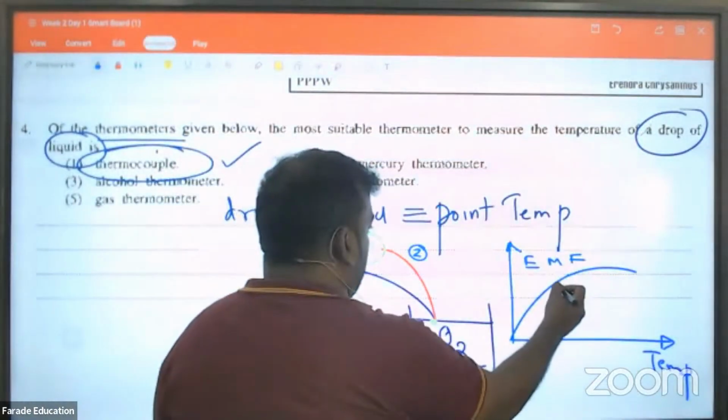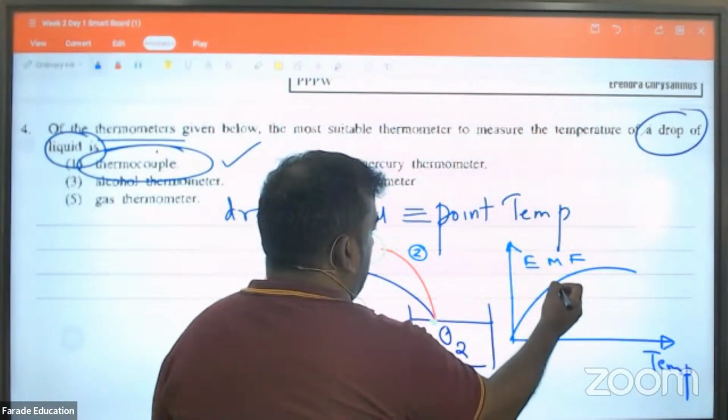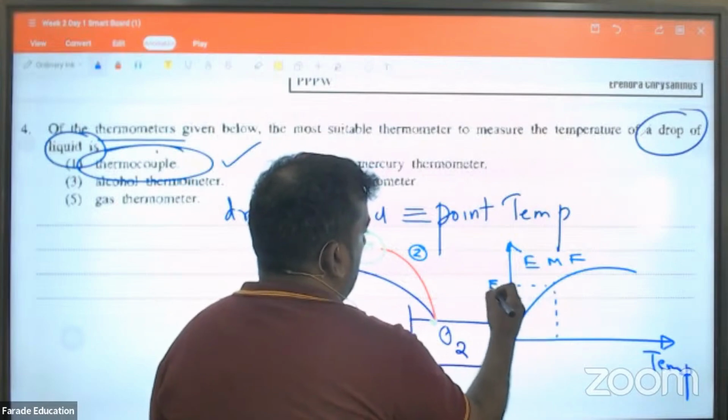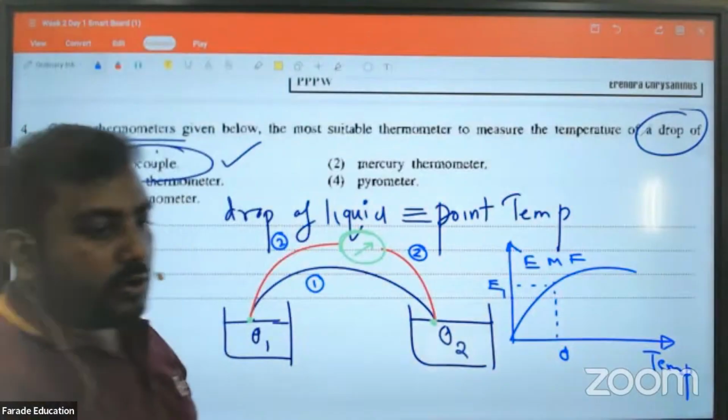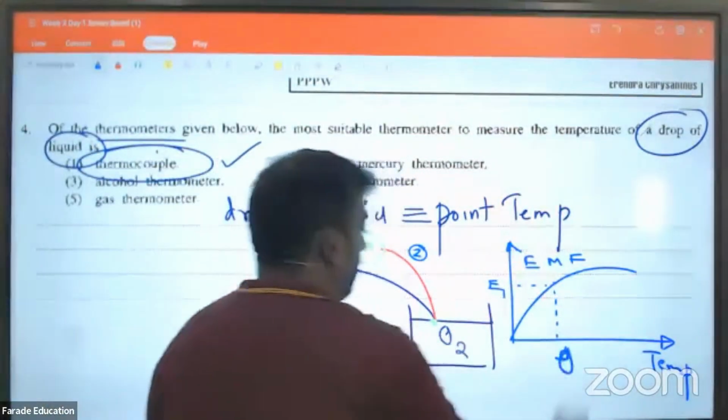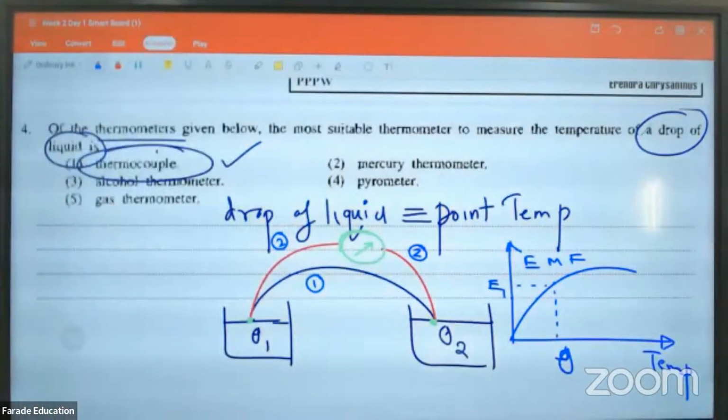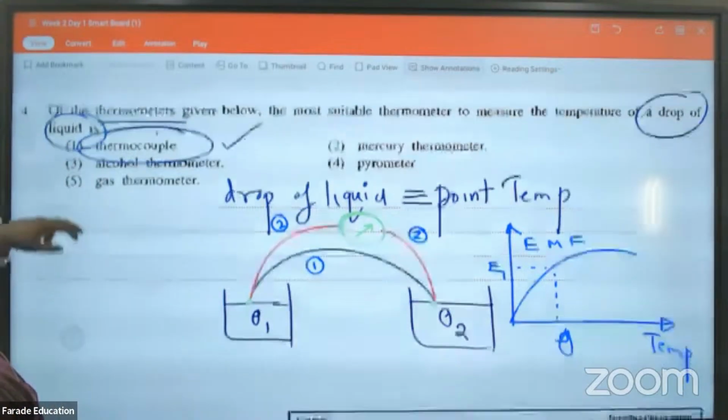And from this EMF, we can measure an unknown temperature. Okay. Right. Moving on.